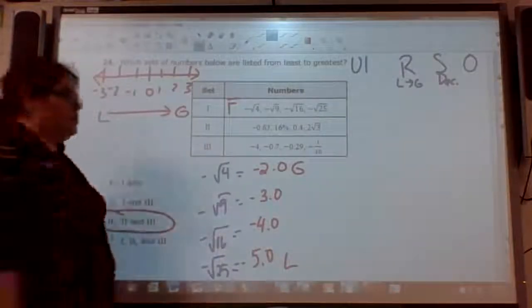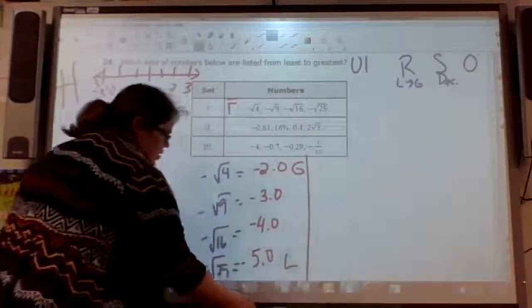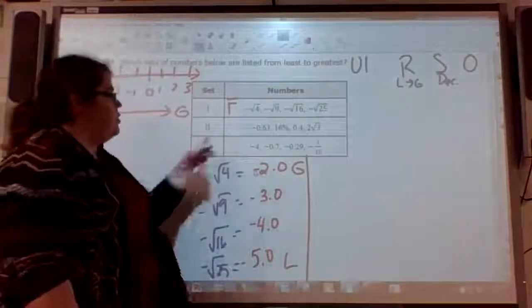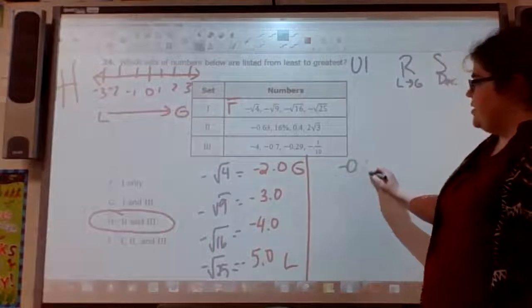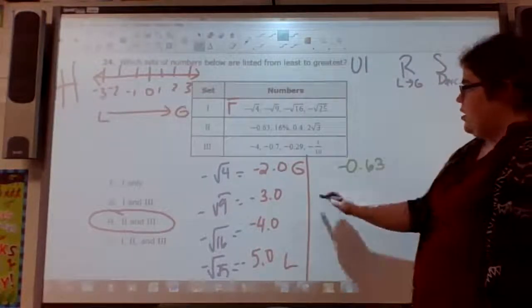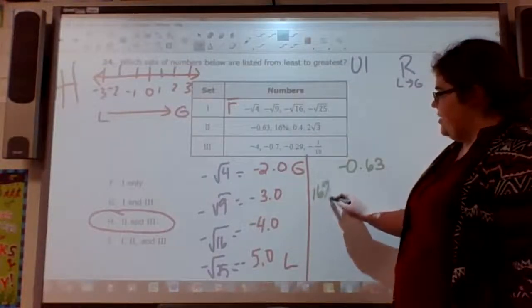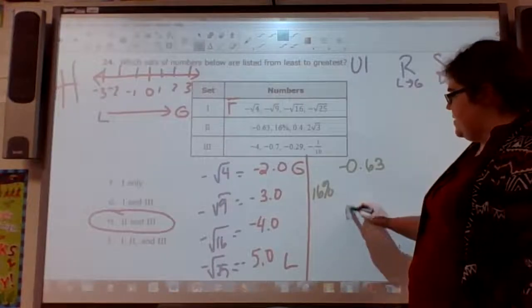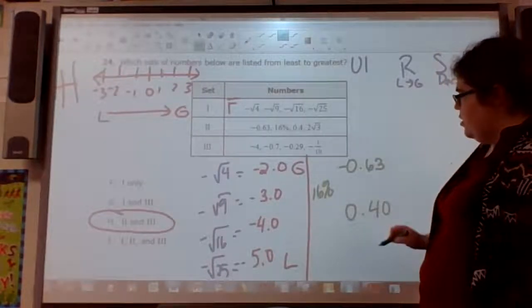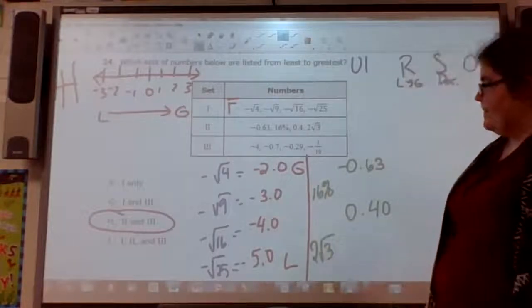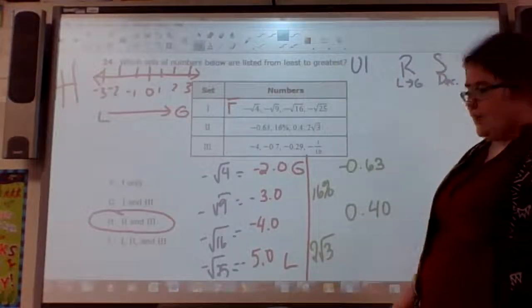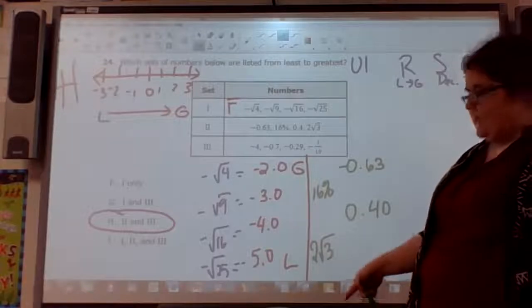Next, we're going to do number 2. We already have one decimal, so we have negative 0.63. Then we have 16%, and we already have 0.4. And then we have 2 square root 3. What 2 square root 3 means is do the square root of 3 times 2.